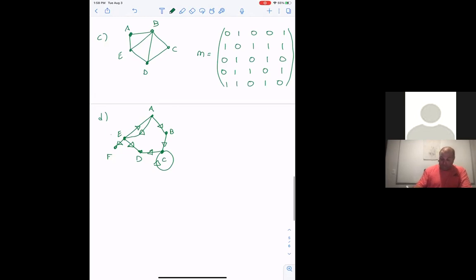Okay, let's go ahead and make the 6x6 adjacency matrix. A does not go to itself, goes to B, doesn't go to C or D, goes to E, but not to F. B only goes to C. C goes to D and to itself once, but nothing else.